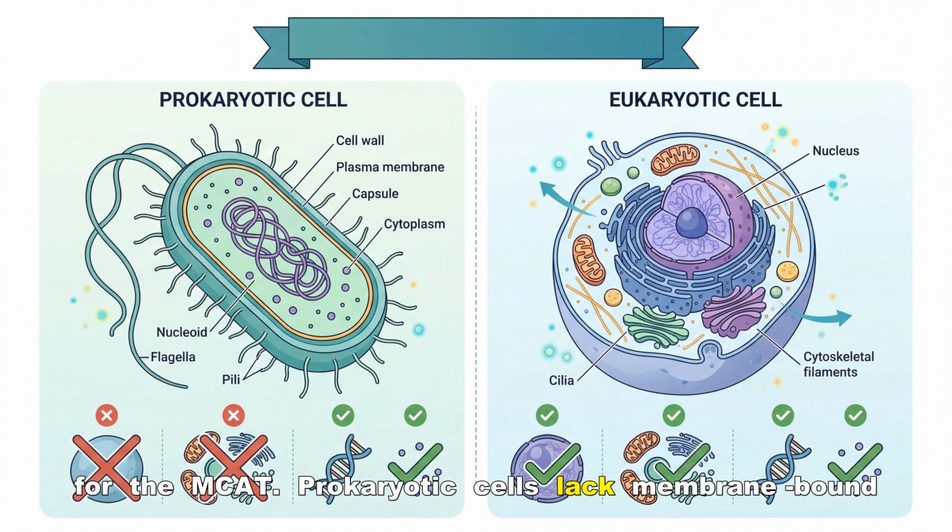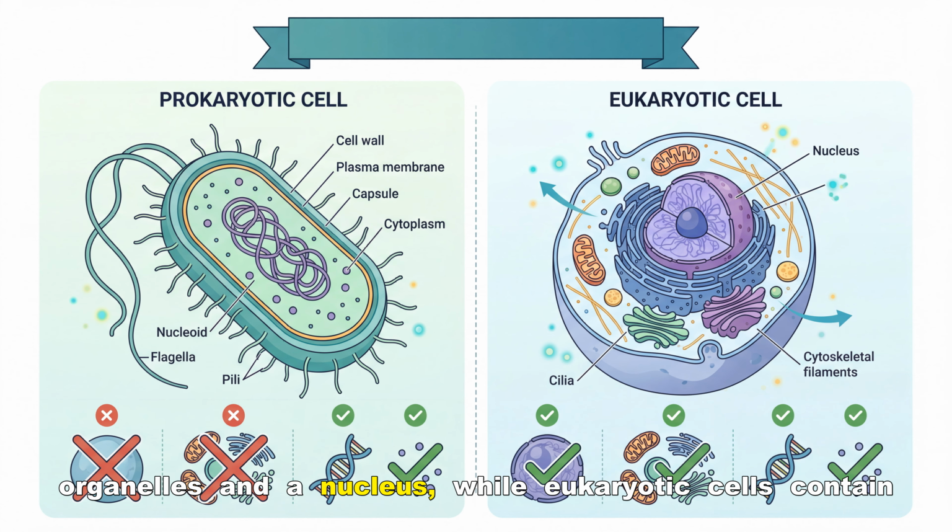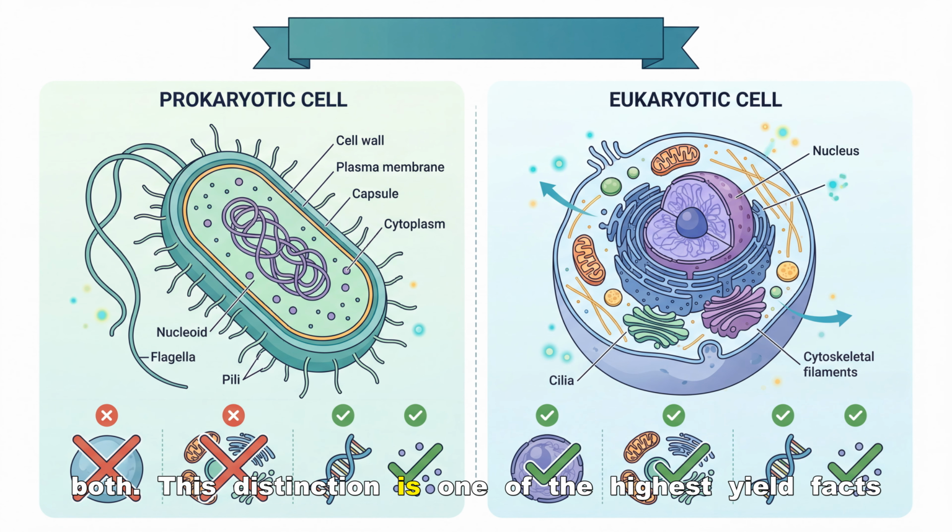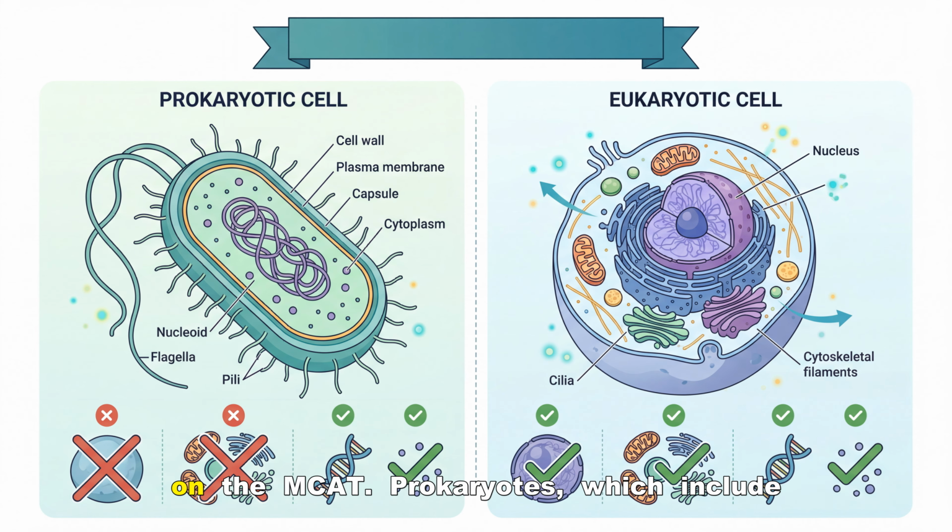Prokaryotic cells lack membrane-bound organelles and a nucleus, while eukaryotic cells contain both. This distinction is one of the highest yield facts on the MCAT. Prokaryotes, which include bacteria and archaea, are simpler and smaller, typically around 1 to 5 micrometers, and their DNA is located in a nucleoid region rather than a true nucleus.